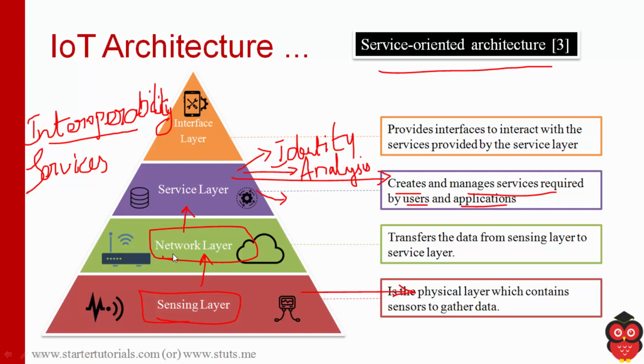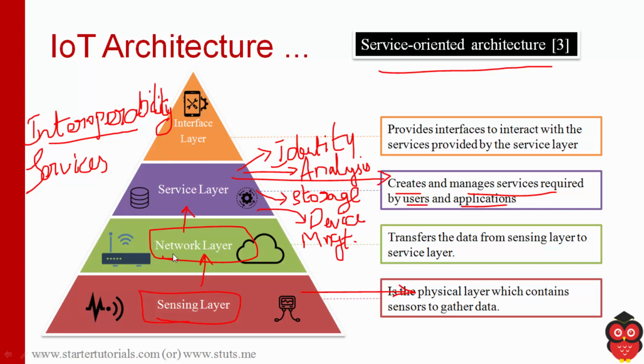We can have services like storage for storing data, and we can have services like device naming, or let's say device management. Okay, so there are different services which are available at the service layer, and these services are accessed by the applications, IoT applications, which are used by the end users.